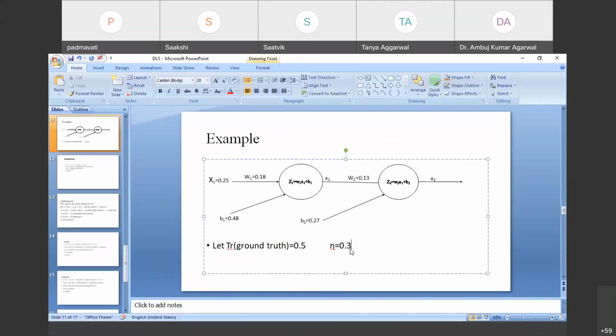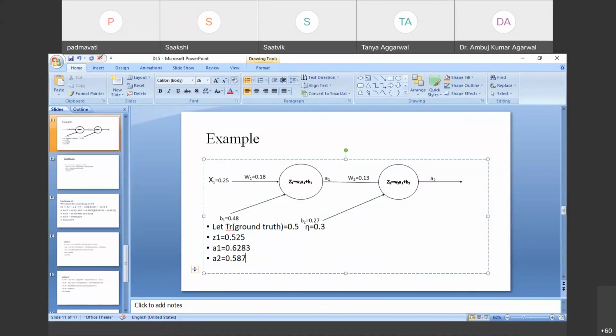Let me write whatever values you have obtained because they are correct. Z1 is 0.525, A1 is 0.6283, and we need to compute A2, which is 0.587, yes, correct.